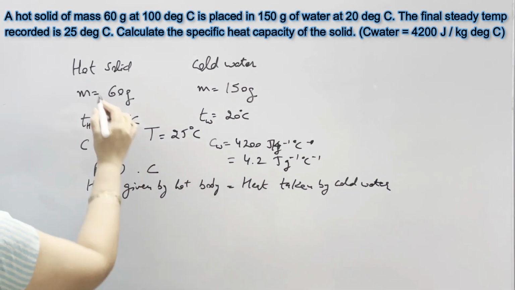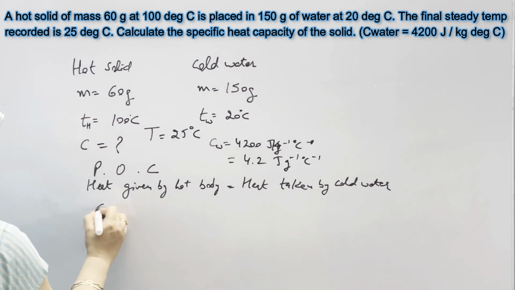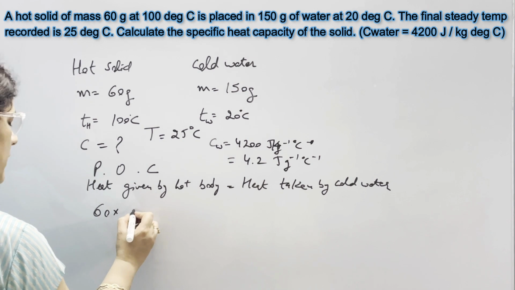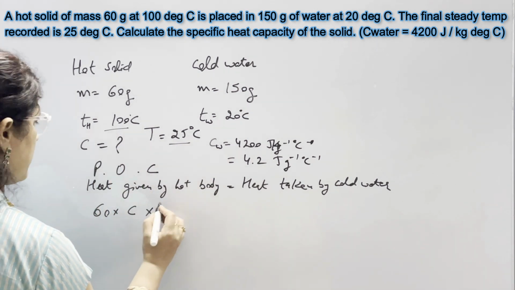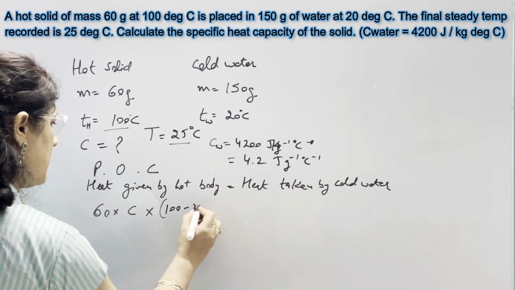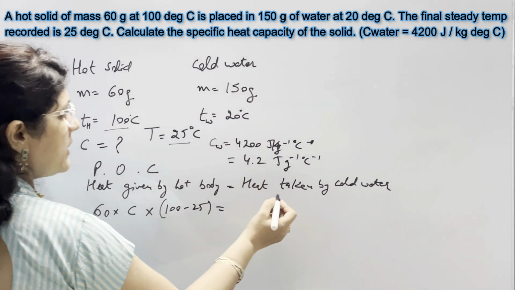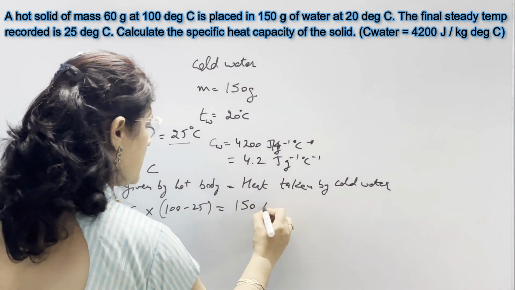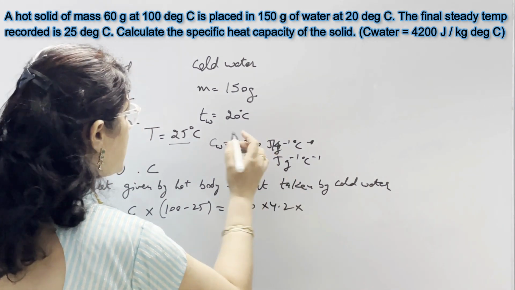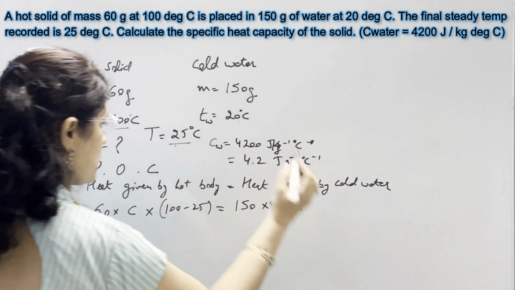Now, given by the hot body, it means this m is 60, C we need to calculate, and T is 100 minus 25. And on this side, taken by cold water, M is 150, C is given as 4.2, and T is 25 minus 20.